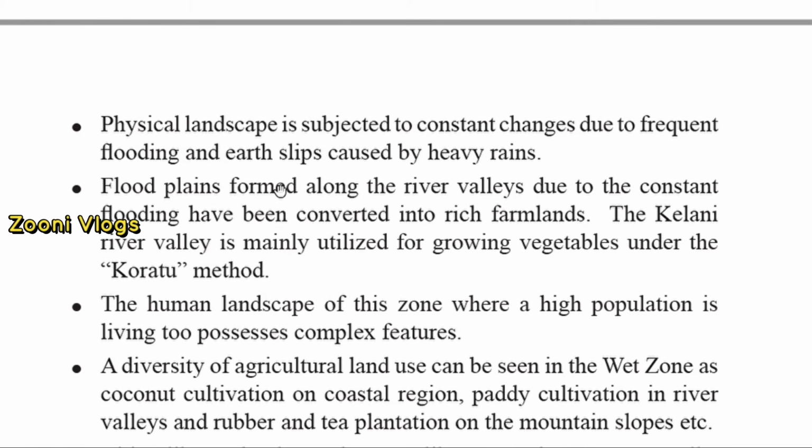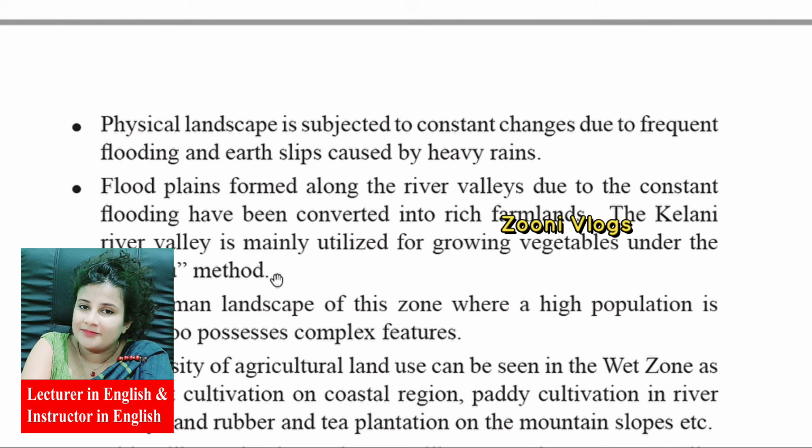Flood plains formed along the river valleys due to constant flooding have been converted into rich farmlands. The Kelani River Valley is mainly utilized for growing vegetables under the Koratu method. Most of the people living around the Kelani River face this problem, as they experience flooding throughout the year.